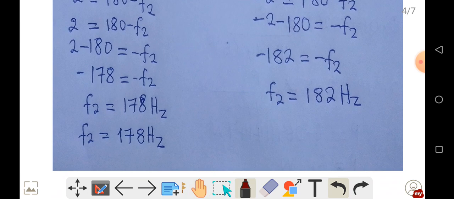When you divide both sides by negative 1, we get frequency 2 to be 178 Hz. So it's one of the frequencies.